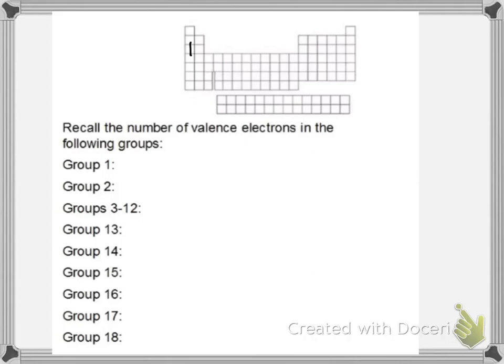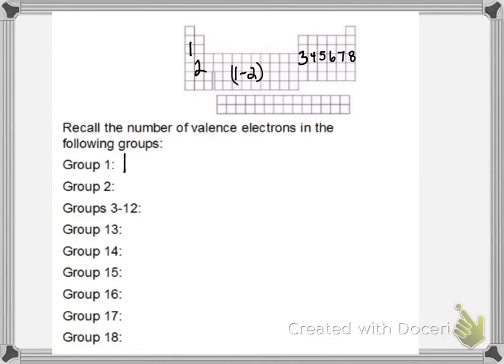Okay, group 1 has 1 valence electron, group 2 has 2, group 13 has 3, 14 has 4, 15 has 5, 16 has 6, 17 has 7, and 18 has 8. Now, I haven't told you this, but you need to write this on yours. In the middle, those transition metals have 1 to 2 valence electrons.